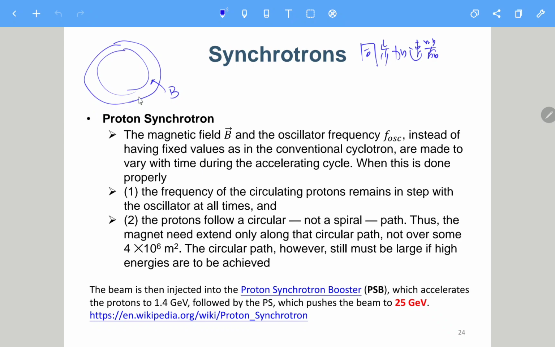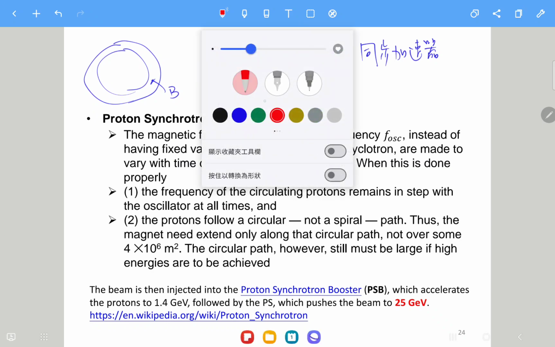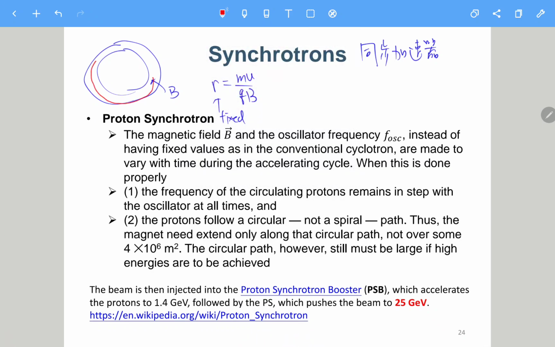But in this case, we need to control R equals mv over qB, so we need to fix the radius. We actually hope that the particle is rotating inside this ring. If the radius is not controlled properly, it may just collide with the wall of the ring, and that will make the acceleration fail.